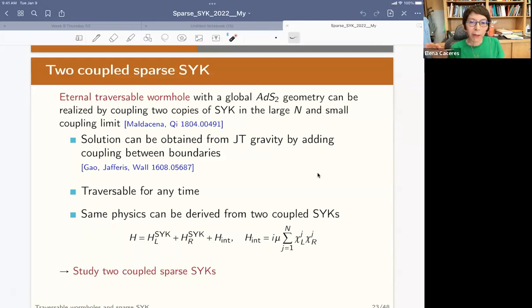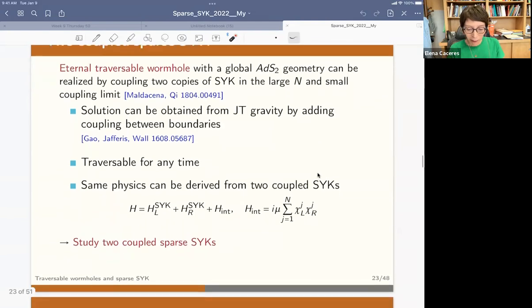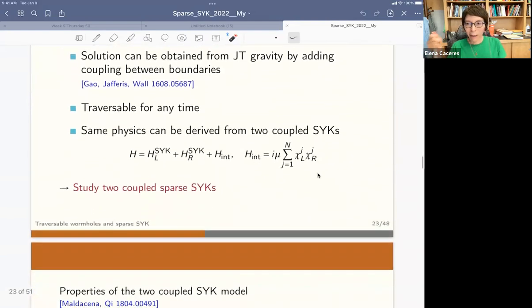Maldacena and Qi formulated the traversable wormhole in SYK itself, the eternal traversable wormholes. They obtained the solution from JT gravity by adding coupling to the boundaries, and it's traversable. And you can derive the same physics by just considering two copies of SYK and adding this interaction.